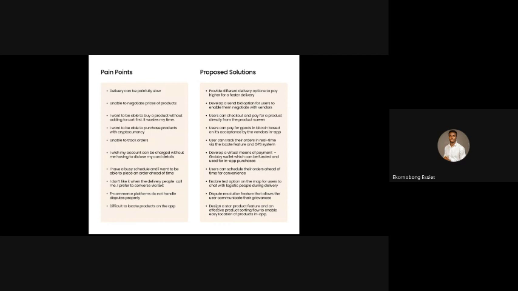So we had to provide solutions for them. For each pain point that we had, we provided solutions. We tried to make options that would ensure faster delivery. We had to create a bid option.